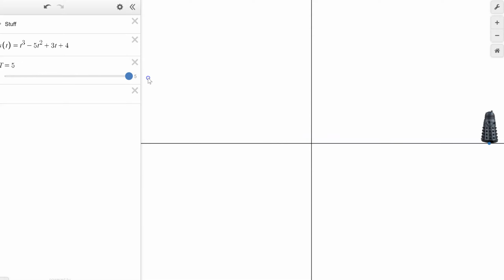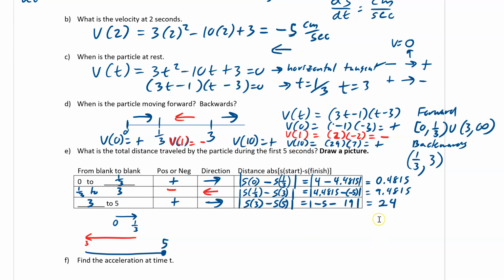And then from 3 to 5. So you can see that the 19 and the 5 together give us 24. So if we add all of these up, that is our total distance. So that's 33.963. And again, it's centimeters because each of these is s. These are s, so it's centimeters. That's how far we've traveled.